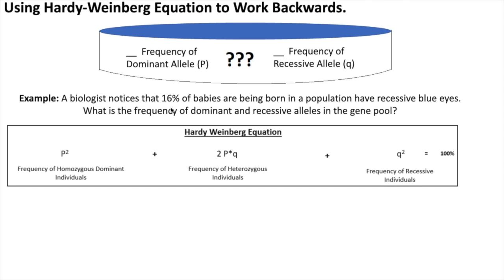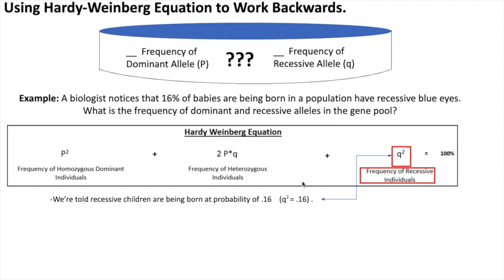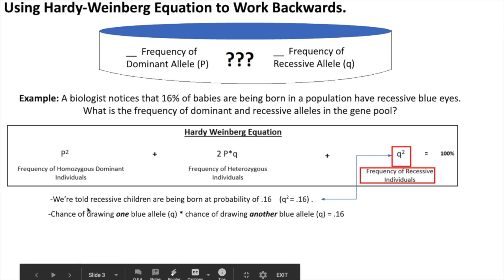Let's say that biologists notice that 16% of offspring are being born in a population with a recessive trait like blue eyes. And they want to determine what the frequency of dominant and recessive alleles are in the gene pool. Well, what they're observing is that the frequency of recessive individuals is 16%. In other words, they know that the odds of the child receiving one recessive allele, Q, times the odds of them receiving another recessive allele, Q, or Q squared, is equal to 16%.